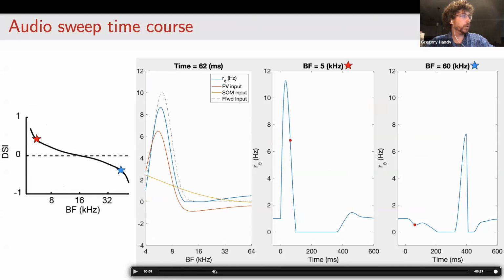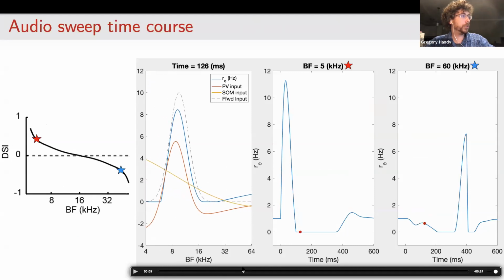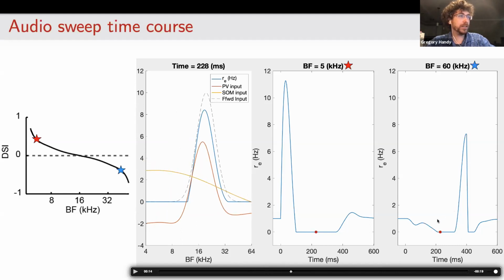As we move the movie forward a little bit, we notice that the SOM cells are so strong that leading the feed-forward input is this silencing, right? The inhibition is so strong that it's completely silencing the excitatory cells. So we have this leading suppression for this upper preferring neuron.